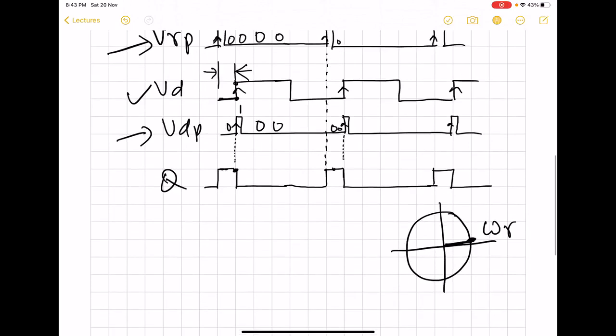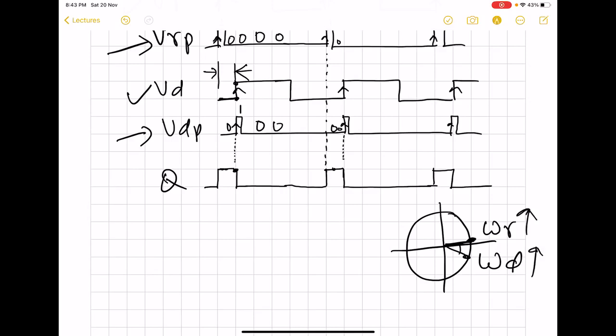That means it must have this kind of location. So this is the location of the divider output signal, and this much is the phase error between the two signals, and both signals are then rotating.